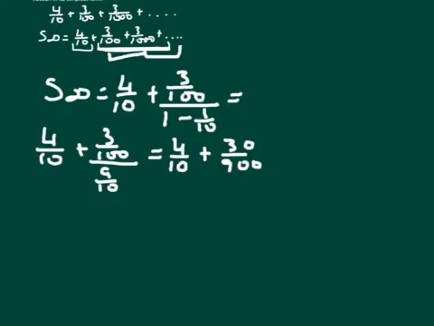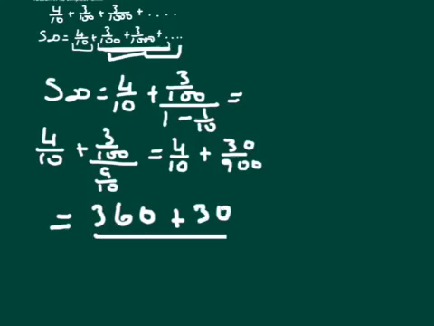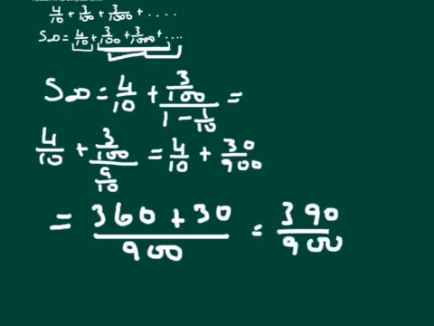So I multiply the 4 by 90 and write my common denominator as 900, and 4 times 90 is 360, plus 30 over 900, and that equals 390 over 900.